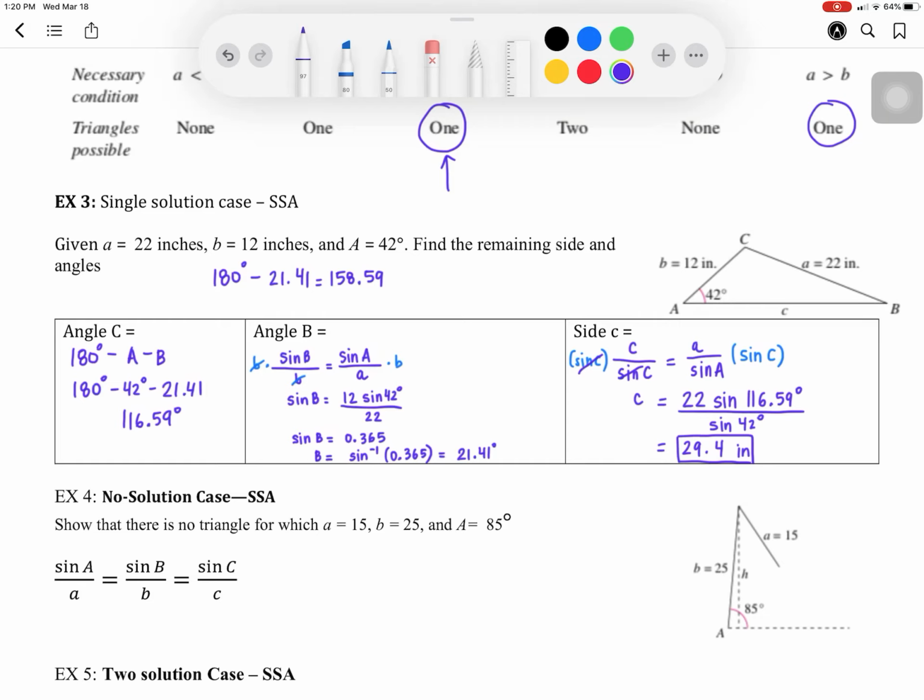So if I go 158.59 and I add that to angle A, 42 degrees, that would be 200.59. Just adding two angles and it's already over 180 degrees. So we know that the only option that angle B has is 21.41 degrees.